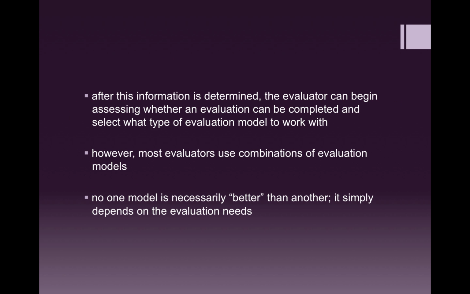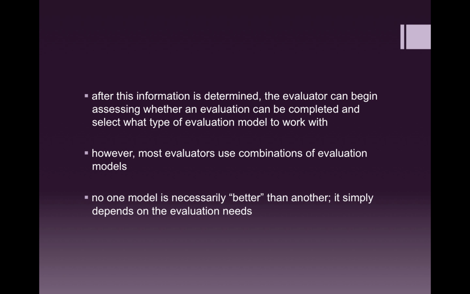After this information is determined, the evaluator can begin assessing whether an evaluation can actually be completed. And this is all part of steps 1 through 4, which we discussed last week. And then they can look at what type of evaluation model to work with. However, I want to point out that most evaluators use combinations of evaluation models.